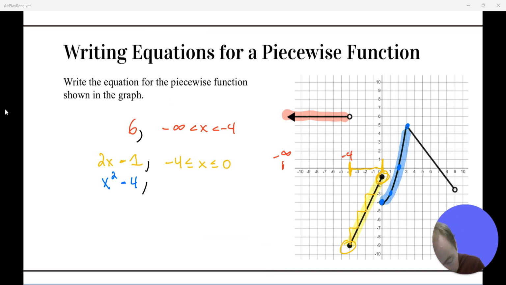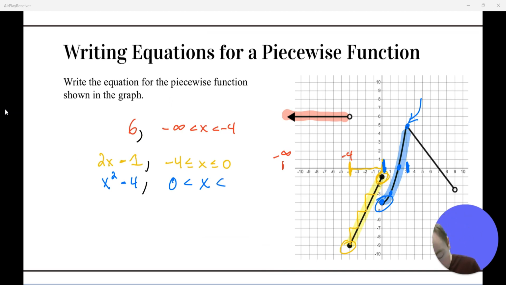The domain that that parabola is on is between here until we get to there. So right between 0 and 3 is where that parabola is squeezed between. So we're going to have, I guess that point right there was actually empty. So it's going to have to be just a 0 less than x. And then right there, we're going to maybe kind of have to decide because they kind of meet each other.